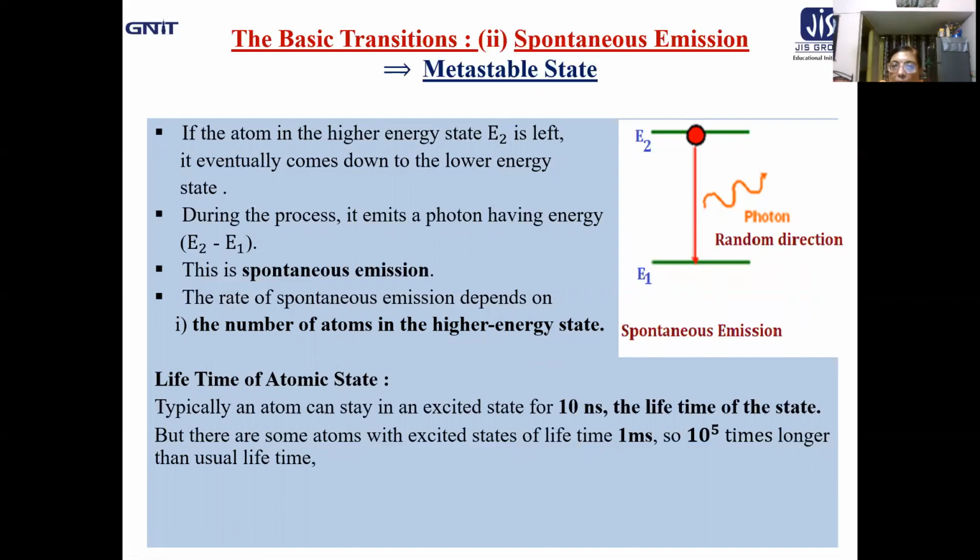Since these atoms can come down to lower energy state on their own, the emitted photon will move in any random direction. The atomic emission is not controlled by any agency. That's why it is random, and photon emission also is in random direction.